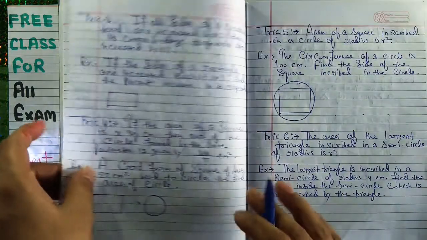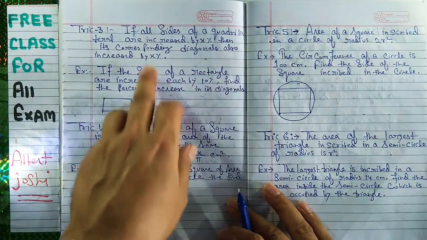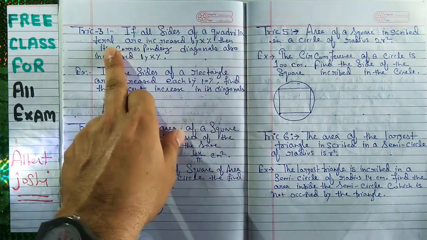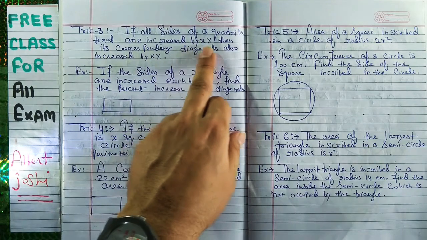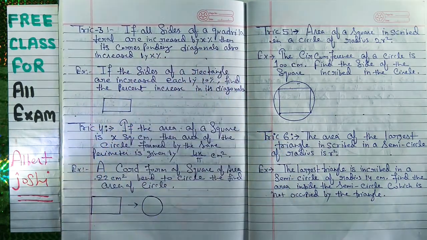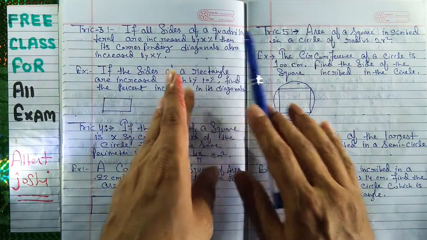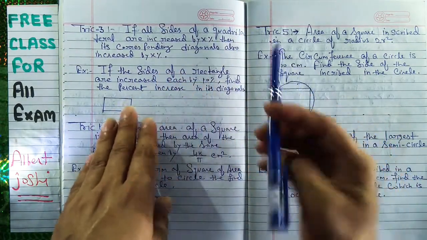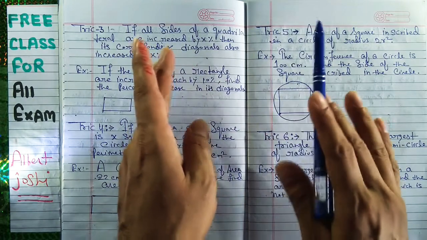Now the third trick is, if all the sides of a quadrilateral are increased by x%, then its corresponding diagonals are also increased by x%. If you have a quadrilateral, it must have 4 sides.